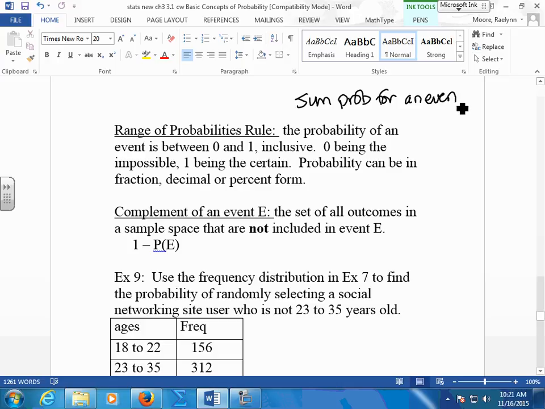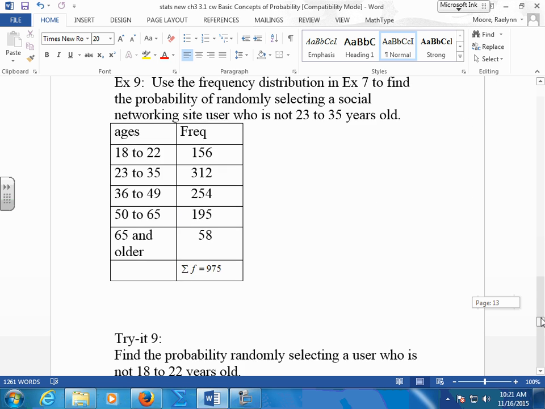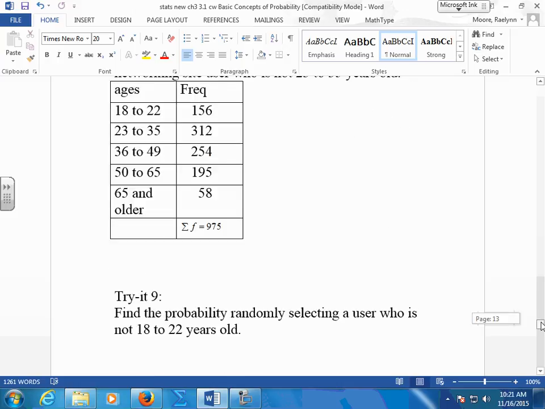What do all your sums of your probabilities for one event equal? 1. So the complement, therefore, can do the 1 minus. If we don't want to add up all 4 things because we only want the 5th, do the 1 minus. Or if we want the 4 when we don't want the 5th, do the 1 minus. And again, we looked at this before. I kind of did this before with you when we had the chart up.